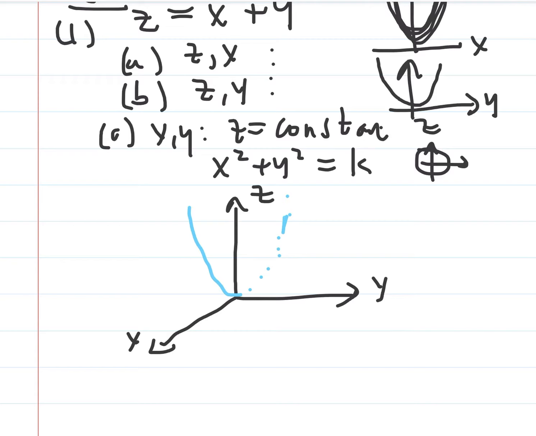That is the zy plane. So we have this is on the page. And in the xy coordinates, i.e. when we're looking down the z axis, we're seeing circles. In other words, the cross sections are all circles with equation x squared plus y squared equal to a constant. So what we have there are these things. These cross sections are all circles.